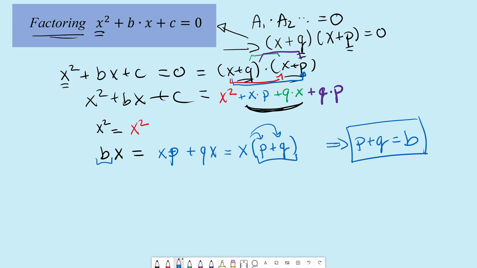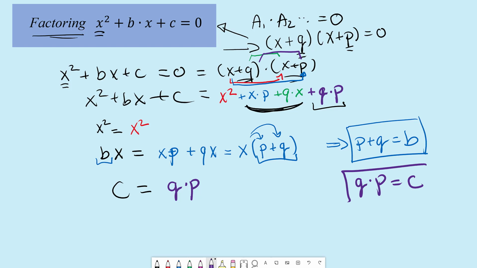What about our final term here? So we have c equals q times p, right? This is the equivalent constant term that does not depend on the variable. So again, we have another requirement that q times p equals c. What does this mean? It means that we have to find two numbers, q and p.